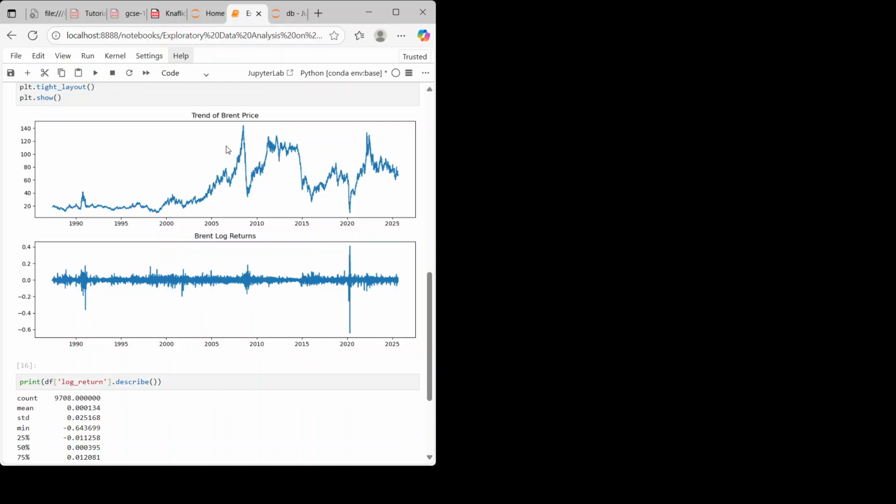Let's start with the trend of Brent price, this chart. Between this period, so this is 1990 to 1999, we can see a bit of a spike here in 1991.